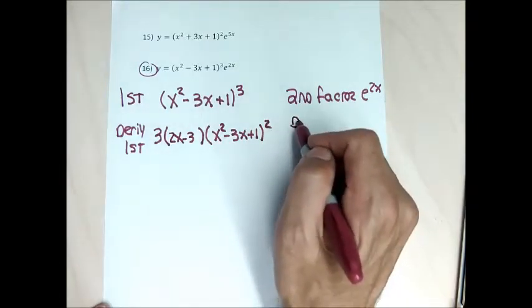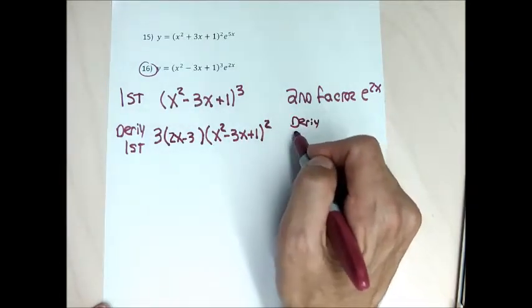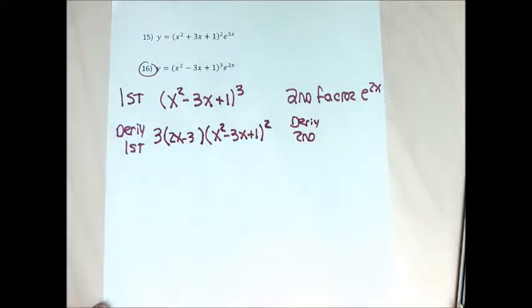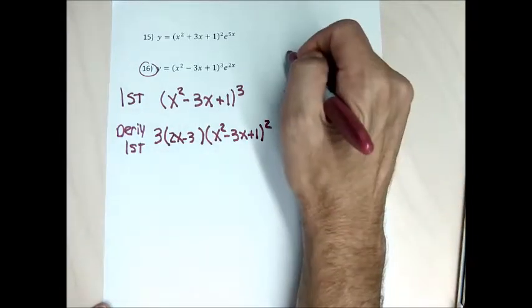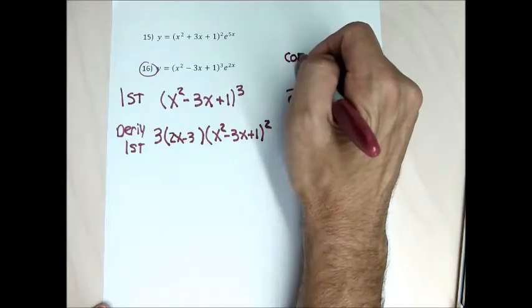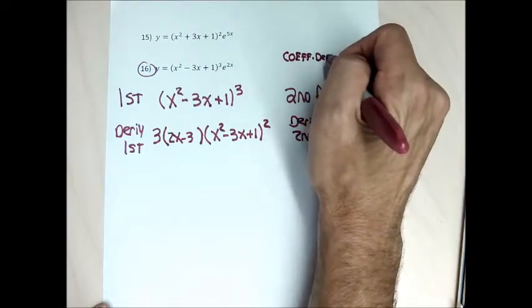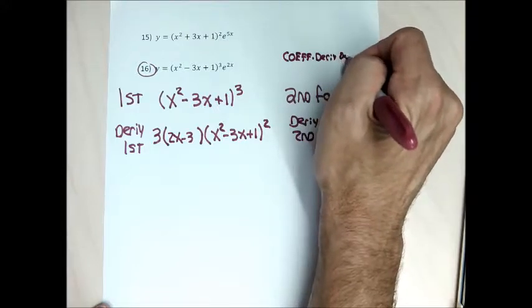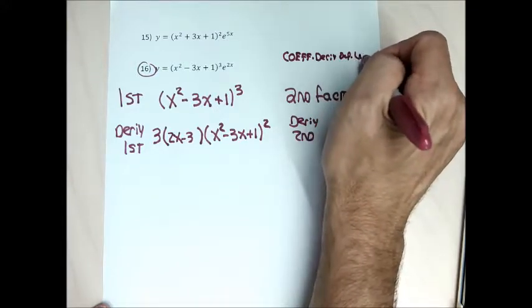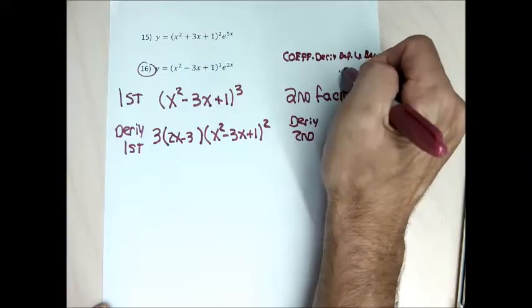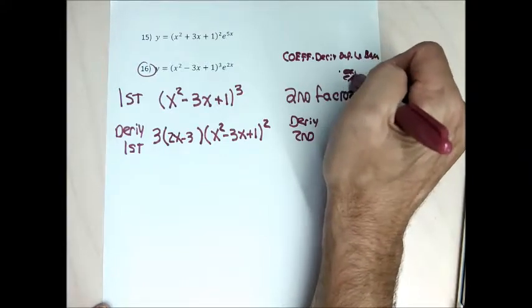For the derivative of the second, it's an e function without a coefficient, so the derivative is just the derivative of the exponent times the original function. In general, the derivative would be the coefficient times the derivative of the exponent times the natural log of the base times the original exponential piece.